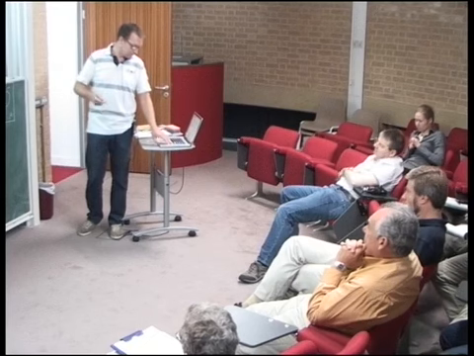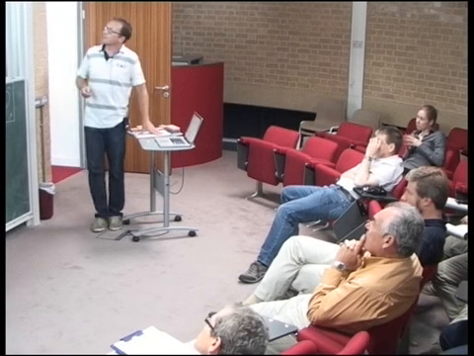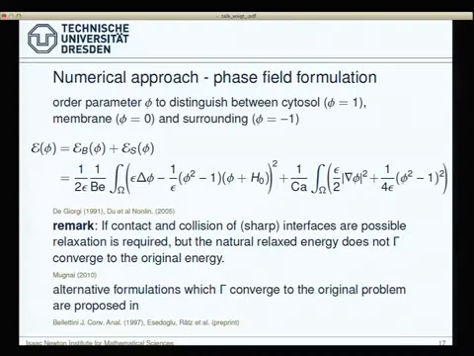Okay, so this is the approach. And as I said, phi will now not be constructed like this, but phi will be the solution of some phase field model to describe the evolution of our membrane. So our phi, some order parameter, should be 1 in the cytosol, 0 at the membrane, and -1 in the surrounding.